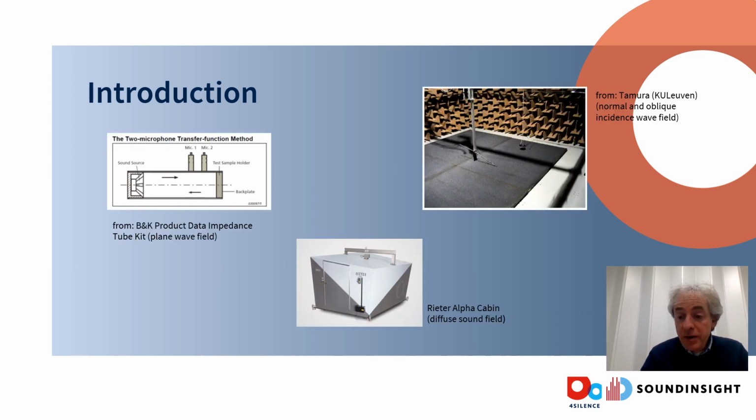So there are methods available to measure the sound absorption coefficient. But these measurement devices, which you show here, like an impedance tube or an alpha cabin, or like this Tamura method, they all require special equipment. They all require a laboratory to make a global sound field such that we have enough information to separate the incoming from the reflected sound field.